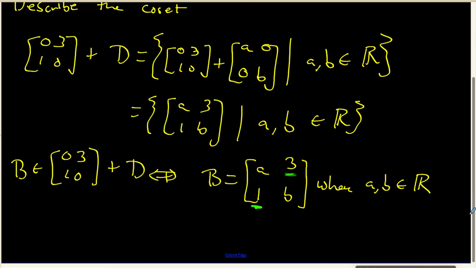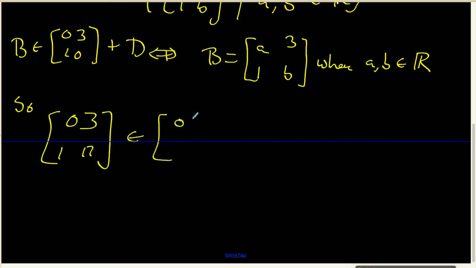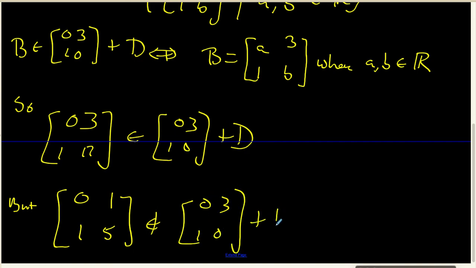So again, just to look at some basic examples, we would have something like 0, 3, 1, 17 belongs to this particular coset, but a matrix that would look like 0, 1, 1, 5 would not belong to this particular coset. And that is enough for now.